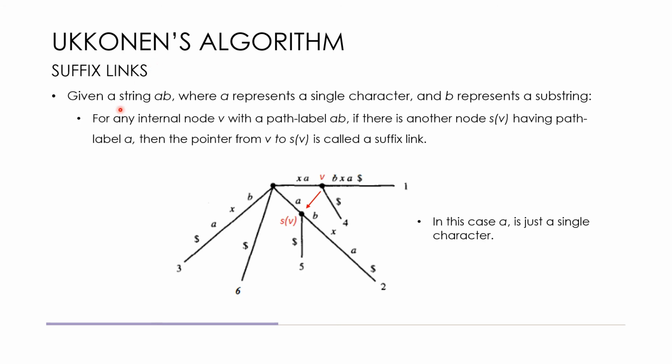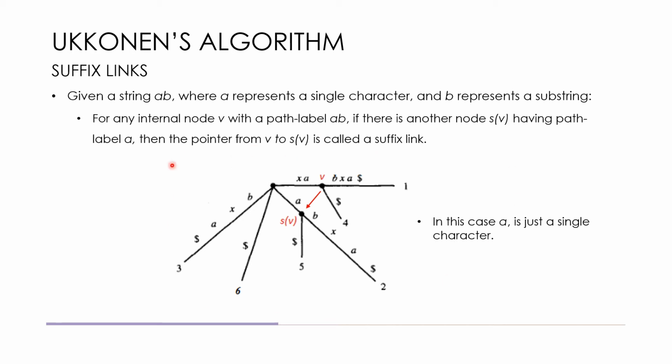So now that we have taken a look at those three rules, we also need to take a look at one more thing before we actually get into the algorithm, which is a suffix link. Given a string aB, where a represents a single character and B represents a substring, which could be non-empty, for any internal node v with path label aB, if there's another node s(v) having path label B, then the pointer from v to s(v) is called a suffix link.